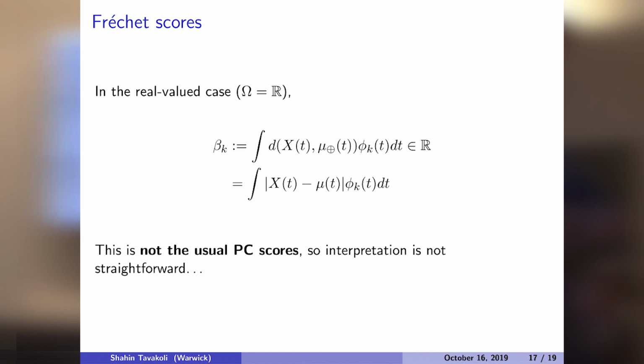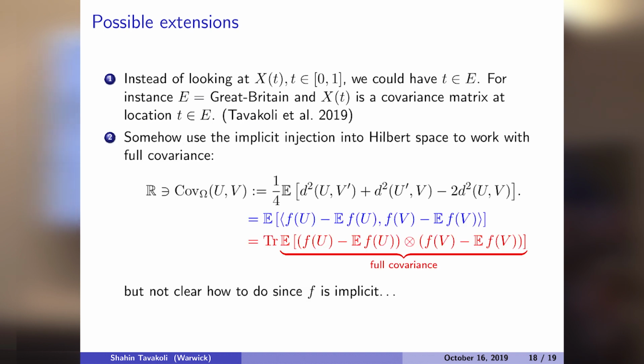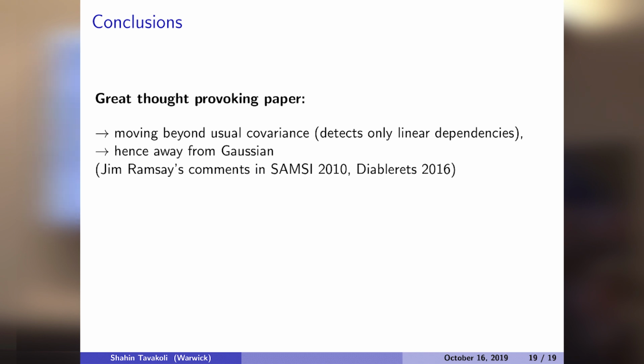So you just have to be careful about that. Some extensions, you don't have to have t that is in an interval, you can have it on a domain. You could work with the full covariance by using the implicit injection given by negative type metric spaces, but it's not clear how to do it.